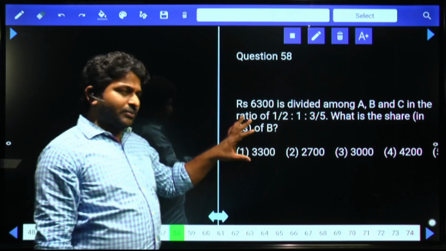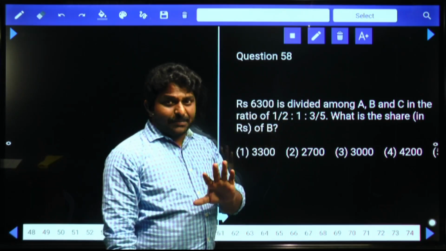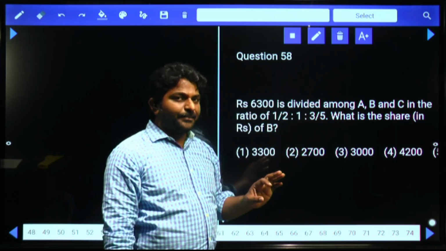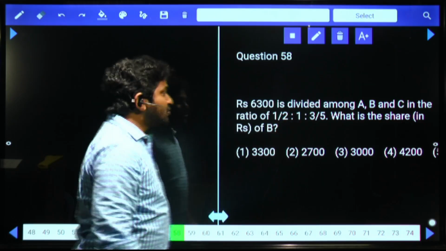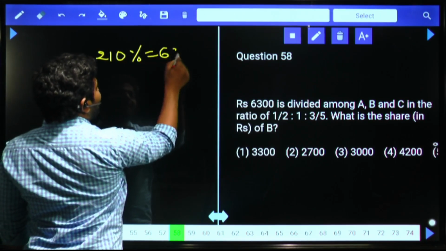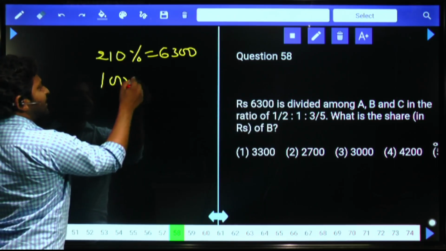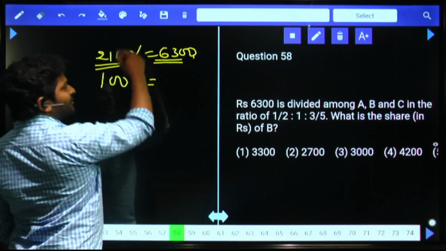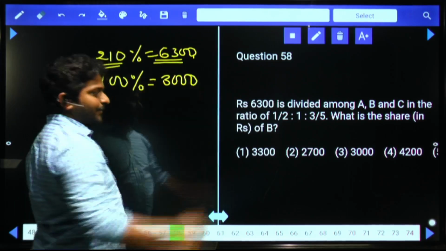But here we can do it a little differently. 1/2 means 50%, 1 means 100%, 3/5 means 60%. 50 plus 100 plus 60 is 210. So total 210% is equal to the total value 6300. B is 1, in the sense 100%, that is equal to how much? 210 times 3 and then a 0, meaning 30 times. 30 times 100 is equal to 3000.